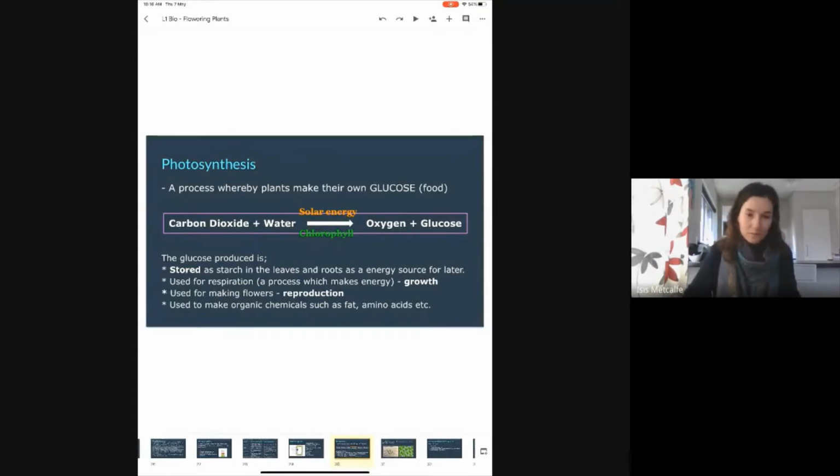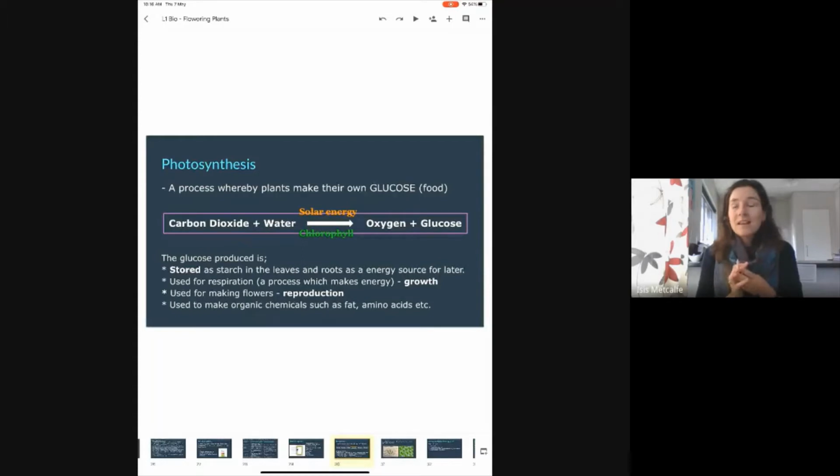I've got these little bullet points down here at the bottom of this slide, and I want you to remember 3 words. If this ever came up in an exam, you would remember these 3 things: storage, growth, and reproduction.